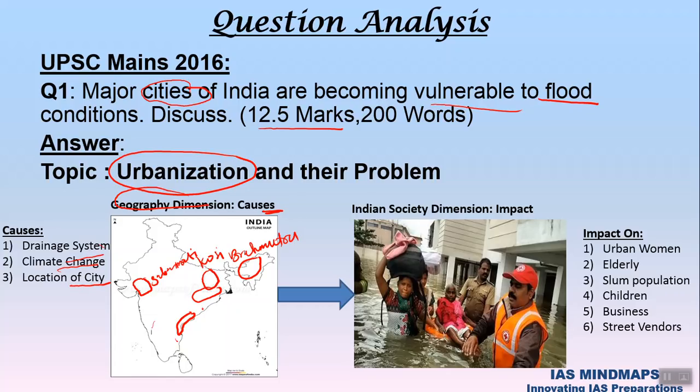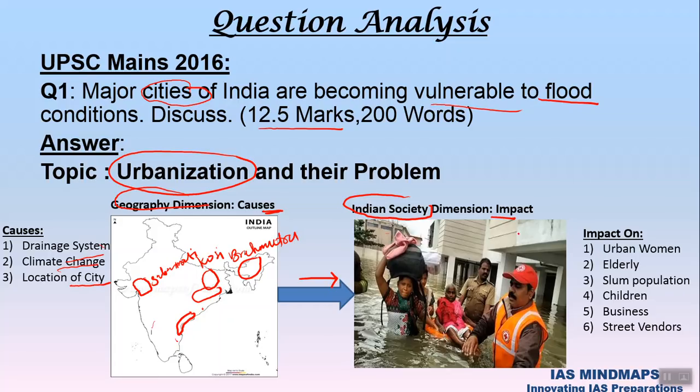So friends, now after looking at the causes of the floods, the Indian society part comes into the picture. What is the impact of the flood on Indian society? So I hope you are getting it. If you have any doubt regarding this, please comment in the comment box. We are going to provide you a dedicated solution if you have any doubt regarding this video.